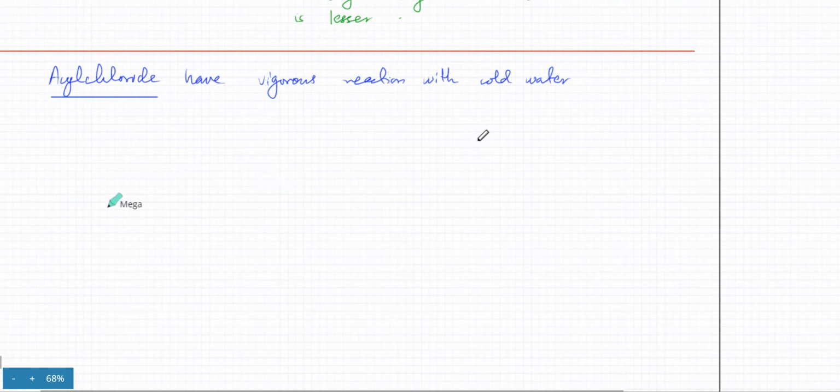So what's up with acyl chloride that the reaction is very, very vigorous? This is your typical acyl chloride. It's going to react with water. No conditions required. A vigorous reaction would happen, and you're going to get RC=O with the Cl replaced, knocked out by OH.